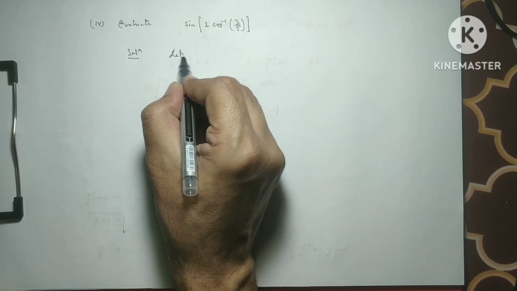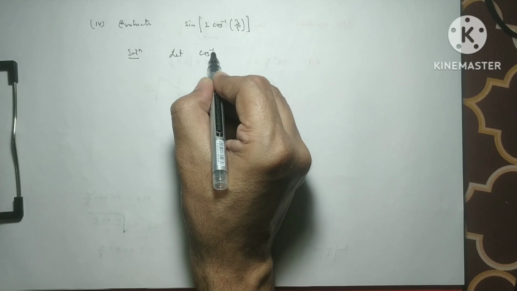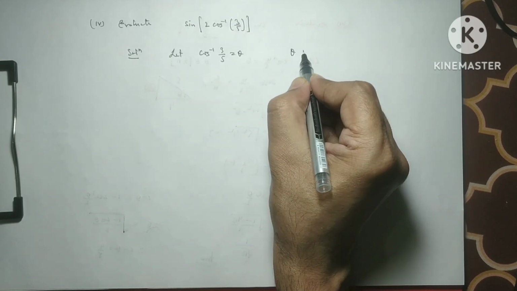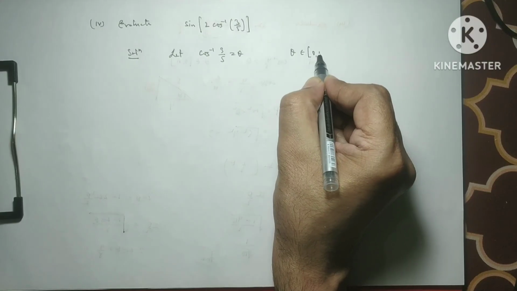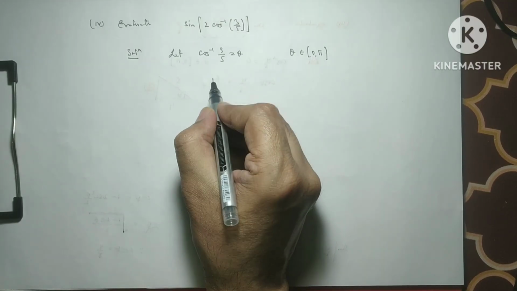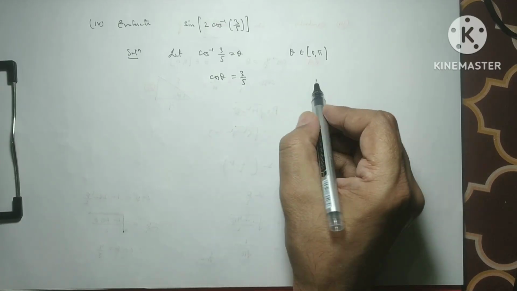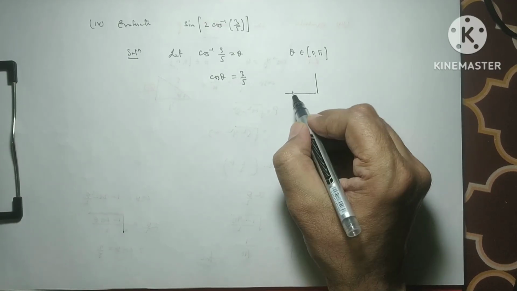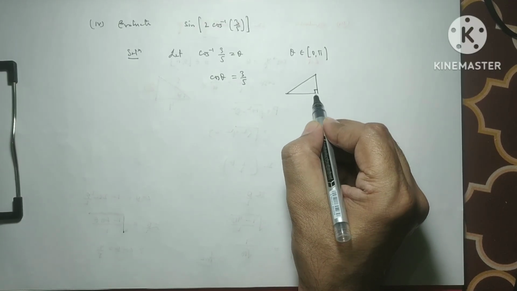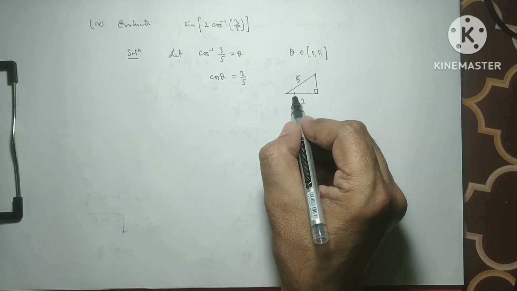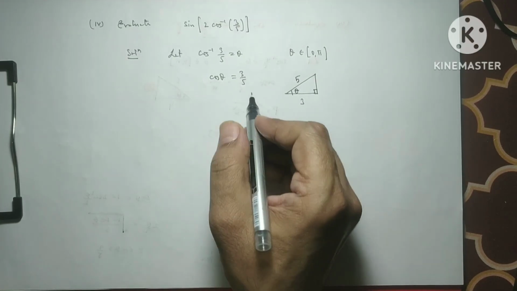Let cos inverse 3 by 5 be theta, and theta belongs to 0 to pi. It means cos theta is 3 by 5. So draw the right angle triangle, in which base is 3 and hypotenuse is 5, and this angle is theta.